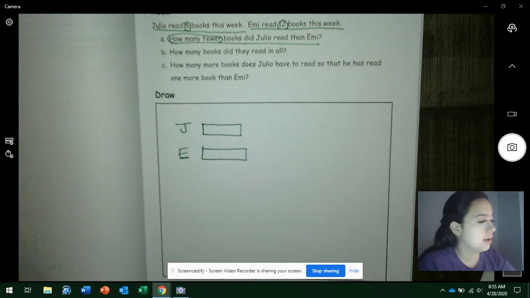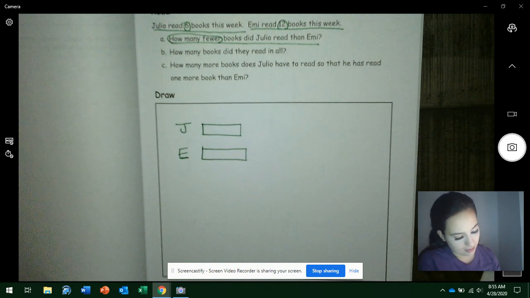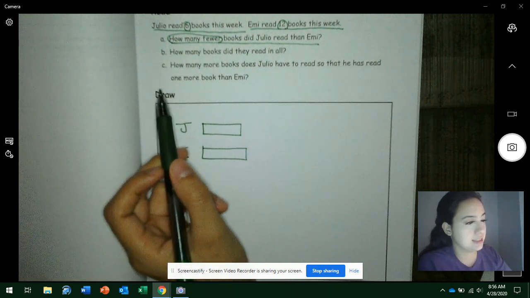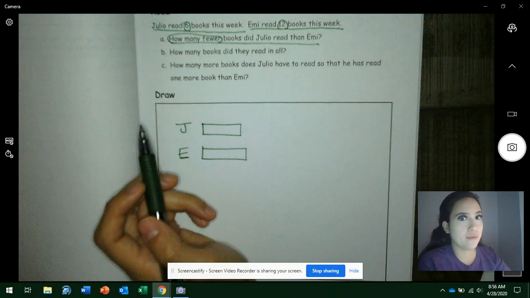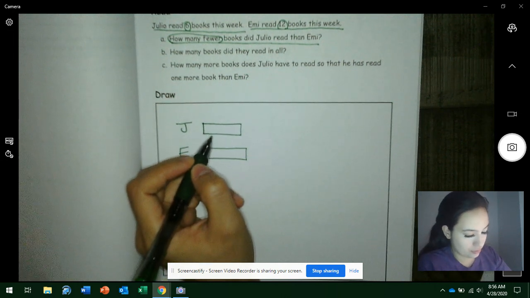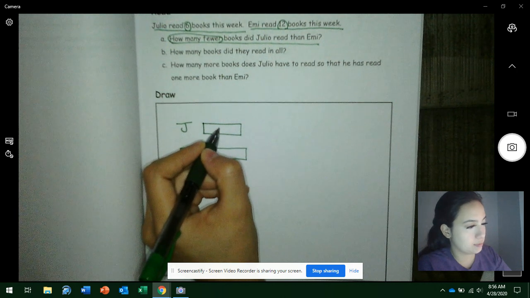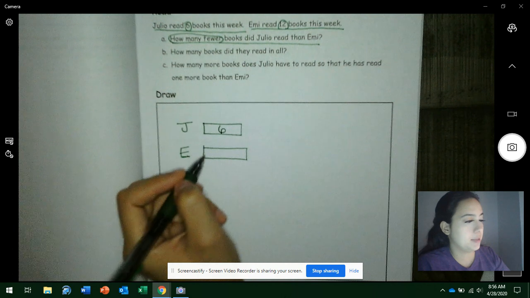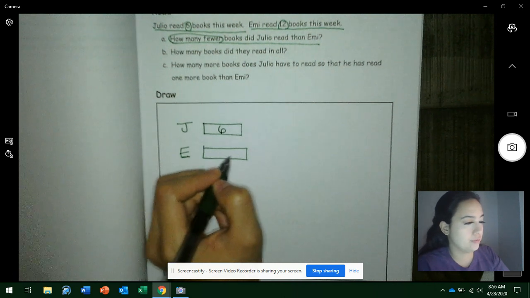Now we have to input our data. It says Julio read 6 and Emmy read 12 books this week. So Julio, he read 6 books. So we're going to put a 6 in this part. But Emmy read 12.